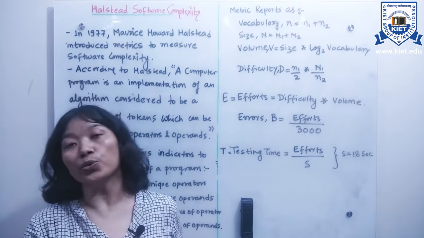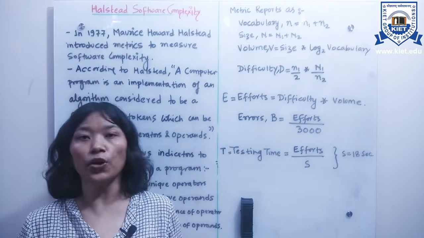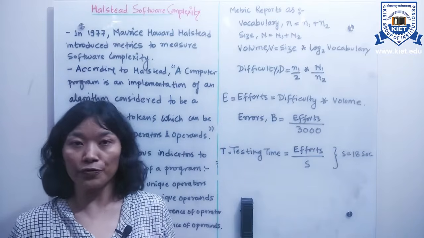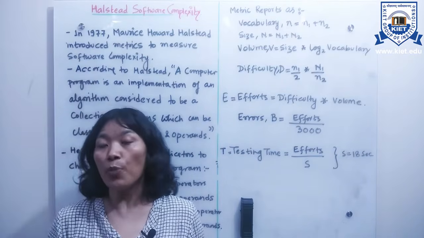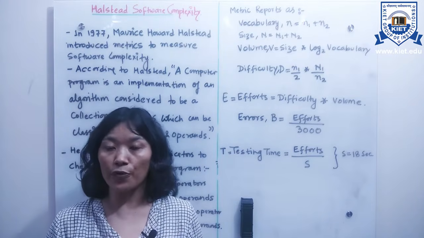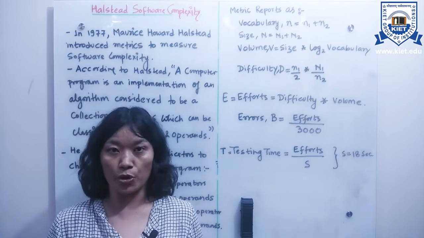Today I will tell you about one of the software metrics, the complexity of the software. To calculate the complexity of the software, we have two popular methodologies. One is Halstead software complexity and the other is cyclomatic complexity.